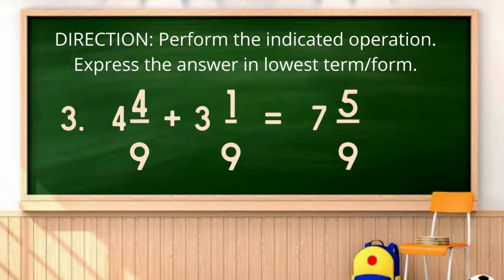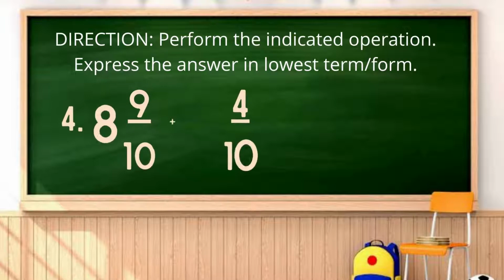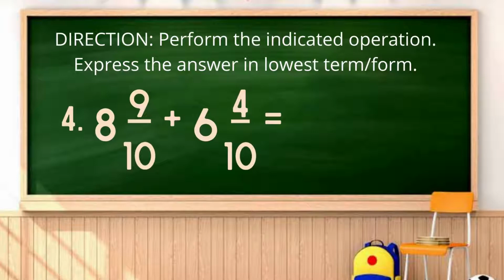Correct. 7 and 5/9. For number 4, the given are 8 and 9/10 plus 6 and 4/10 is equal to. Timer starts now. Time is up. Your answer is correct.